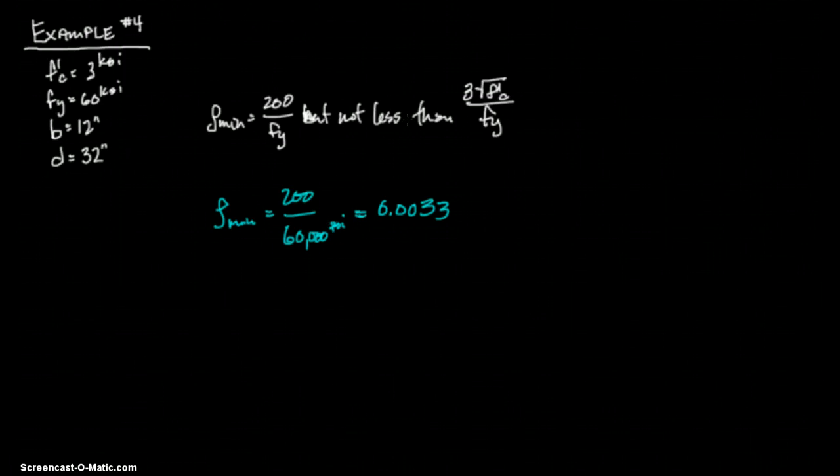Now, but it says, but not less than 3 times the square root of 4,000 psi over 60,000 psi, and that's going to equal 3 times 4,000 to the 0.5 divided by 60,000, 0.00316. And it says but not less than, and it's actually greater than, so this controls.